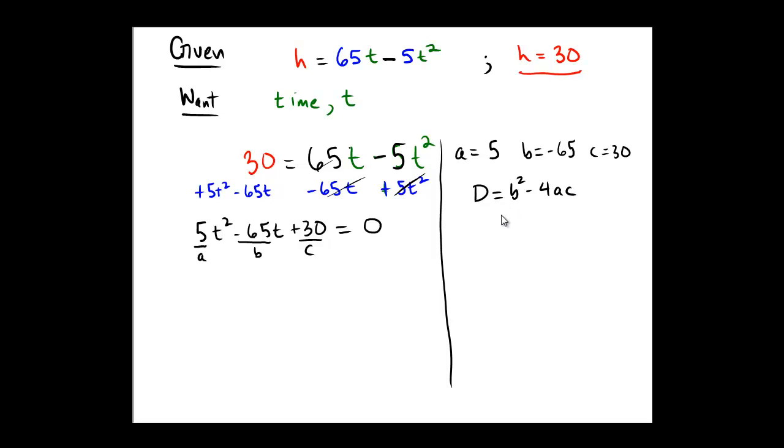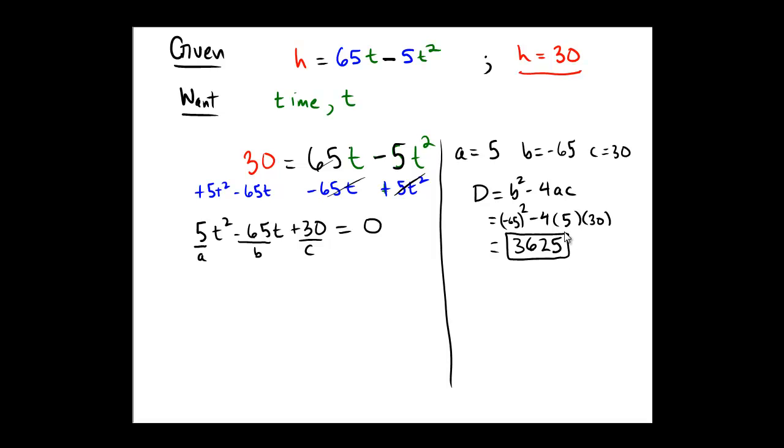So in this instance, b is negative 65, minus 4 times a, which is 5, times c, which is 30. If we simply calculate this, probably with a calculator, but by hand if you wish, you will end up getting 3,625.